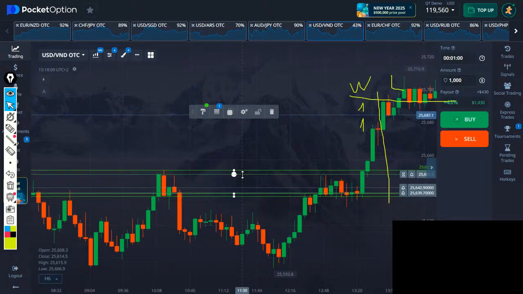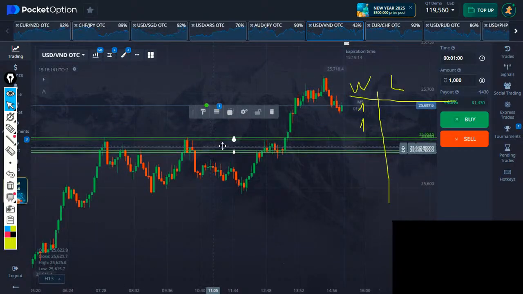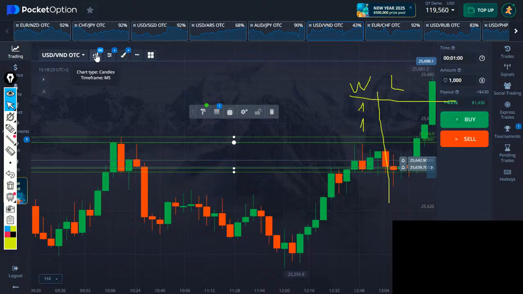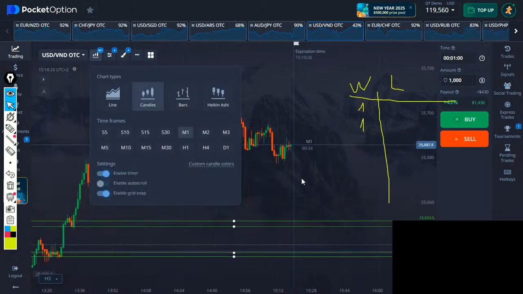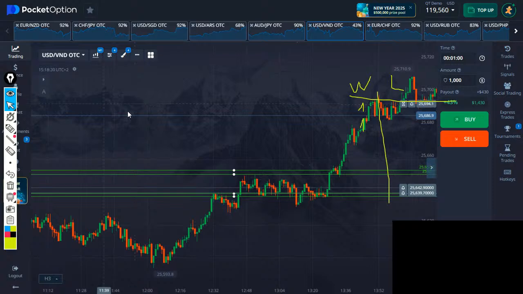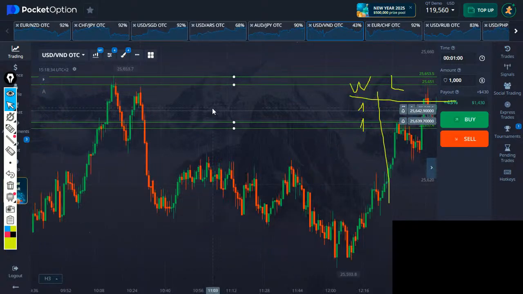You have here a powerful supply zone, as you can see, very strong. So you mark your fresh demand area. Let's see it on the 1 minute. See that over here? Fantastic.